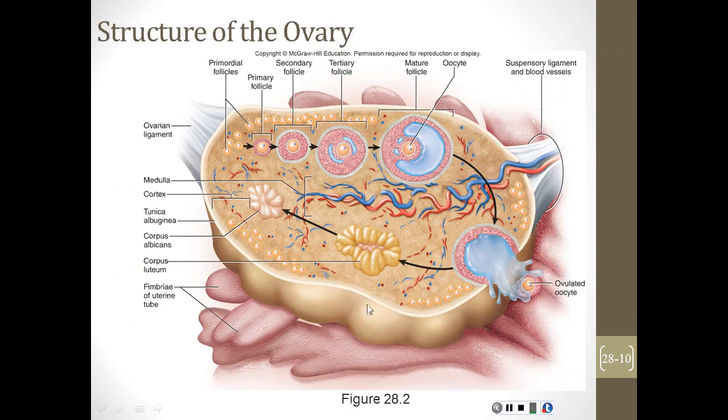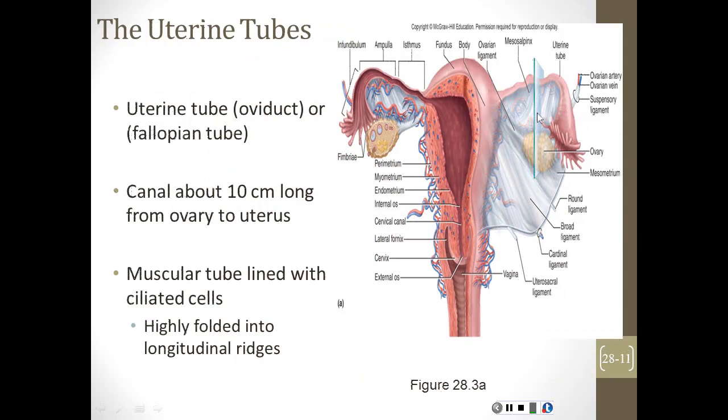Alright, so I'm going to jump ahead just to show you the diagram right here. The anterior margin is the front area of the ovaries. It has the peritoneal fold called the mesovarium. Now there's a ligament that extends like a sheet to the peritoneum.